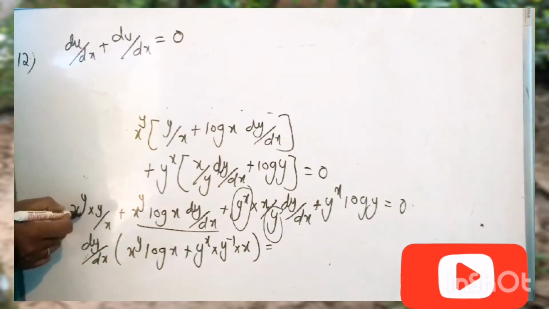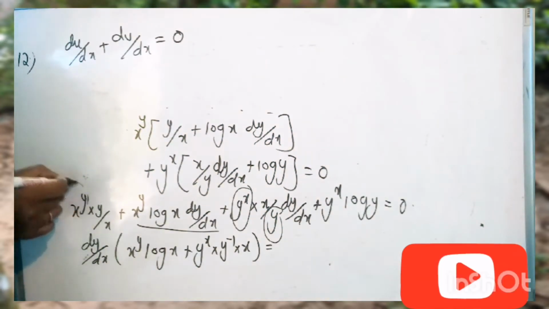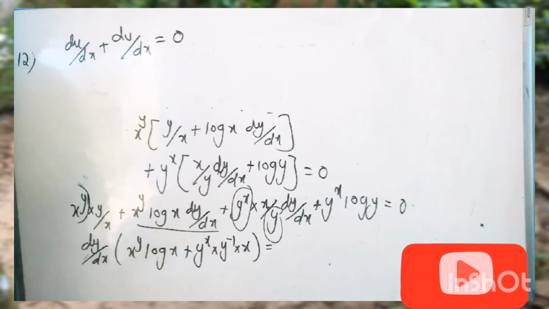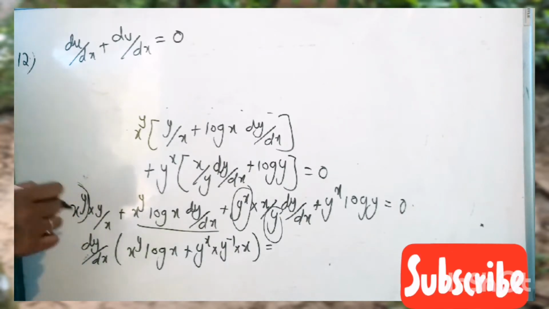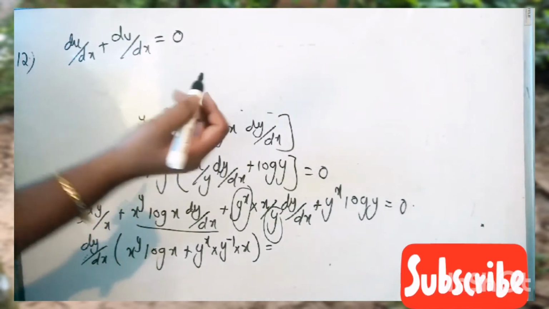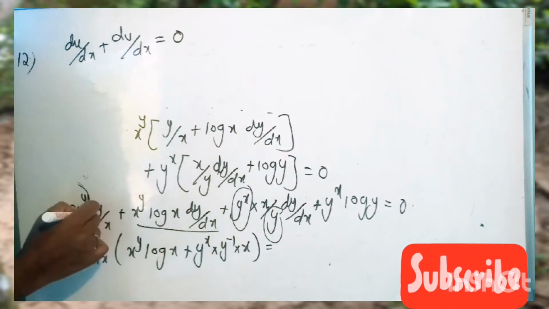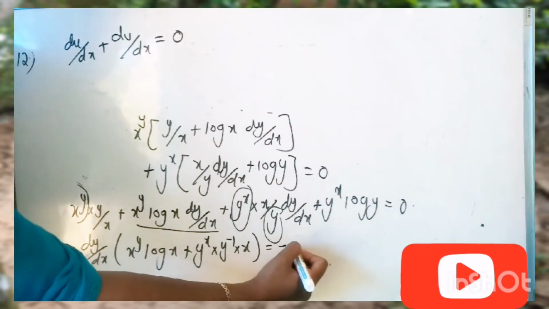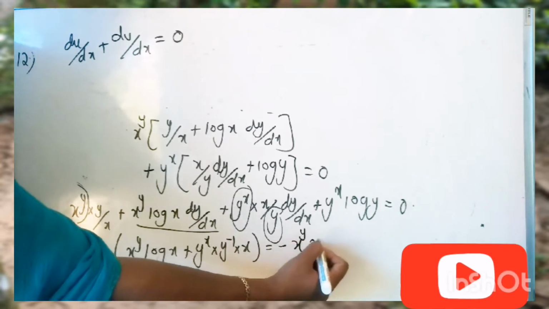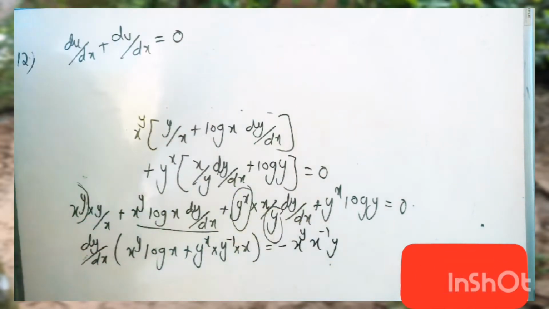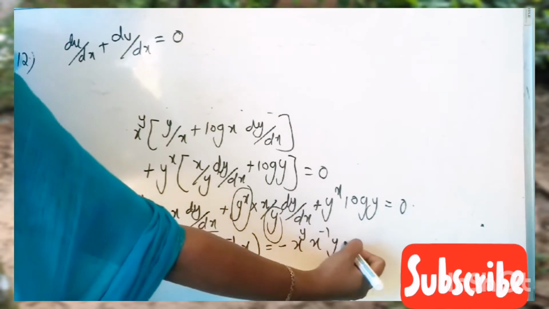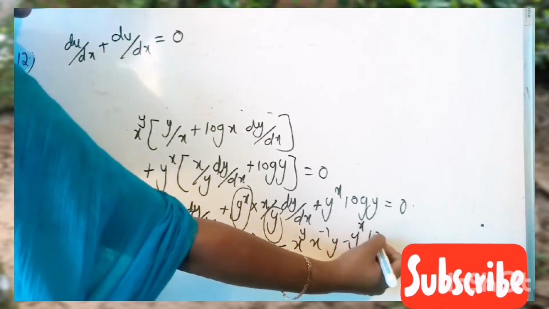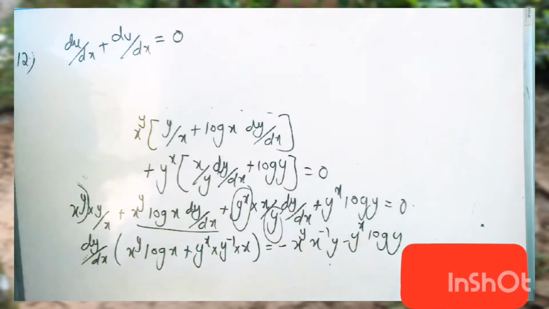Just look at this term. This is x raised to y and in the denominator we have x. That 1 by x we can write as x raised to minus 1. So if we are taking this term into RHS, then it becomes minus of x raised to y, x raised to minus 1, y, minus y raised to x into log y.